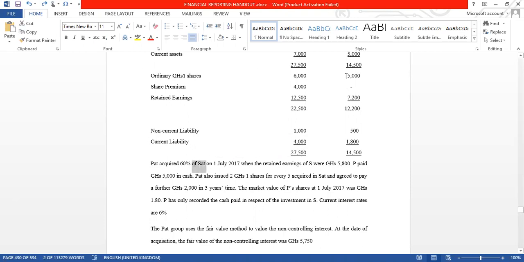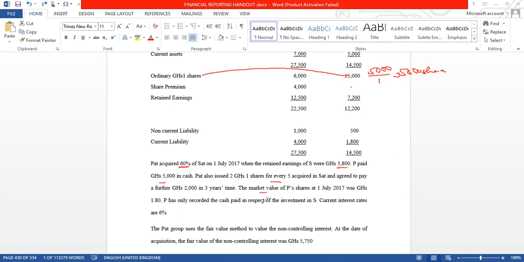The ordinary shares is what? So straight away, we know that the number of shares that they have is a link between this and this, meaning it is 5,000 over 1, which gives us 5,000 shares. And it is out of that we are going to purchase 60%. And this is the retained earnings at acquisition.